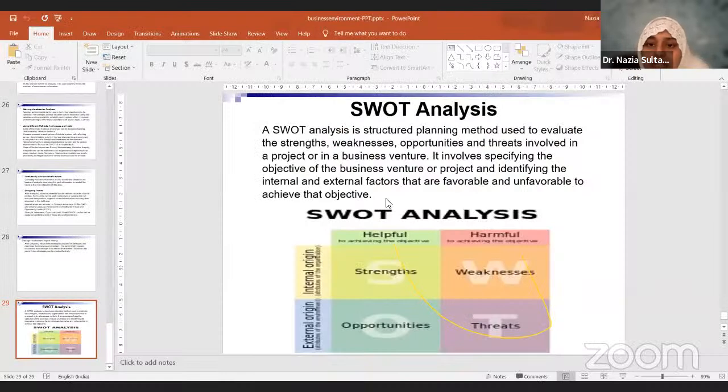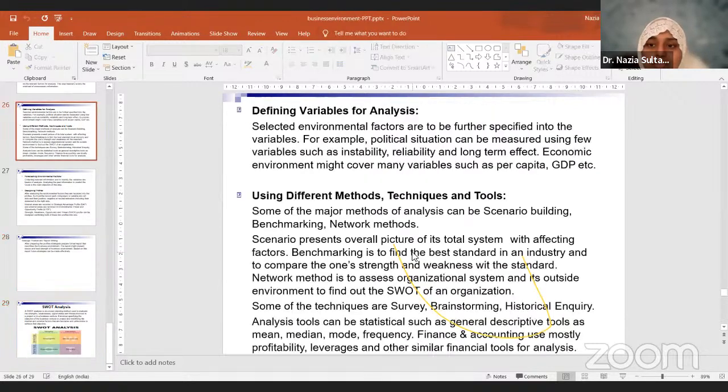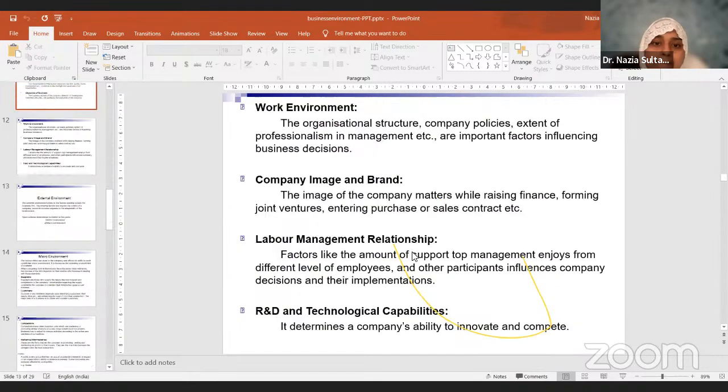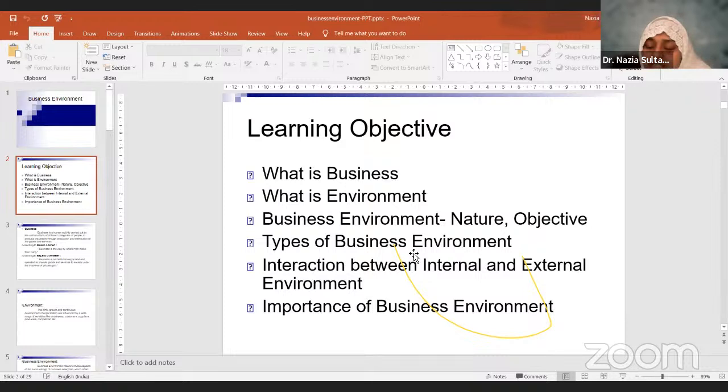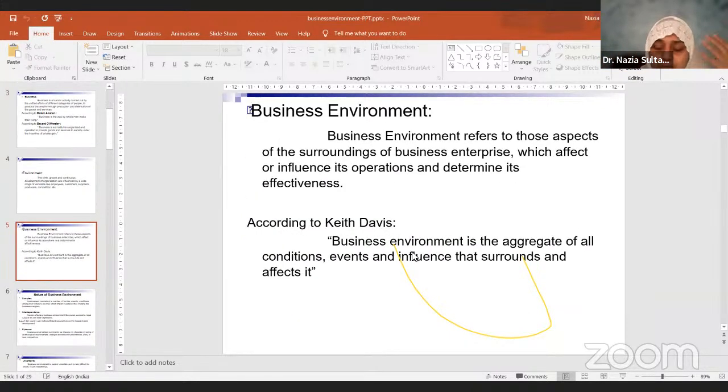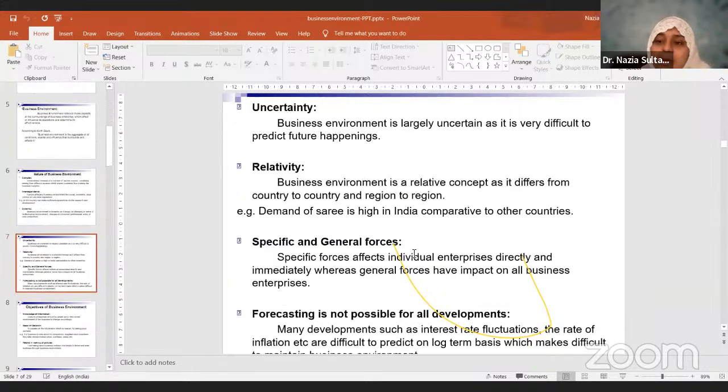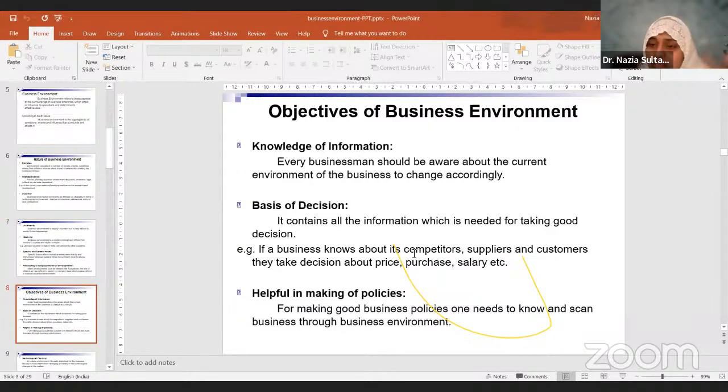So this was related to today's session, where we spoke about the various aspects. Just to go back to the discussion and sum up, we spoke about what is business, splitting, and then what is environment. Together, what is business environment. Then we spoke about the objectives of business environment, the nature of business environment, the various components, internal and external, and then how the environment can be studied.